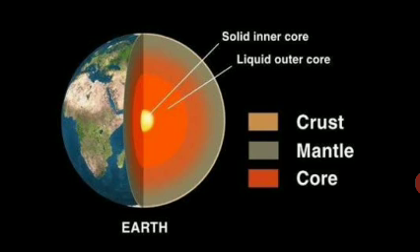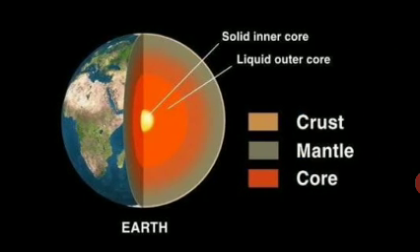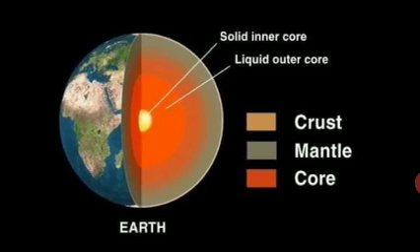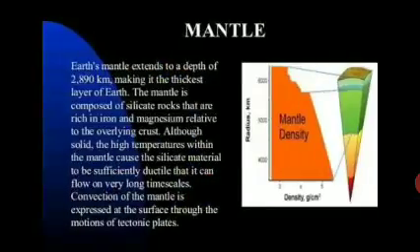The outer core is liquid material. So there are three layers. One is crust, second is mantle, and third one is core. Core is the inner part of the earth, and crust is the top layer of the earth.